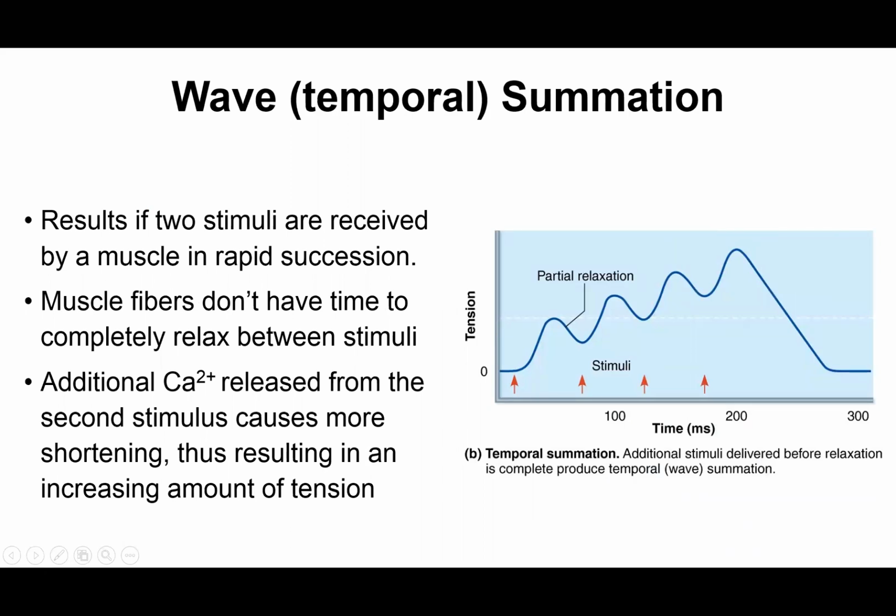Here's where that starts to differ. If two stimuli are received by a muscle in rapid succession, so here we have the first stimuli coming in, and so we'd have the latent period, and then we have the period of contraction, and now we're starting to relax, and then all of a sudden the muscle fiber is hit with another action potential. It's going to contract again because the muscle fiber didn't have time to completely relax before that second stimulus was added.